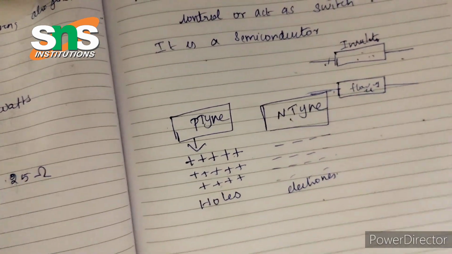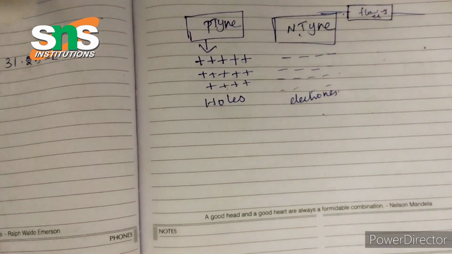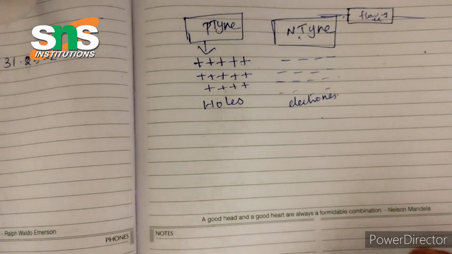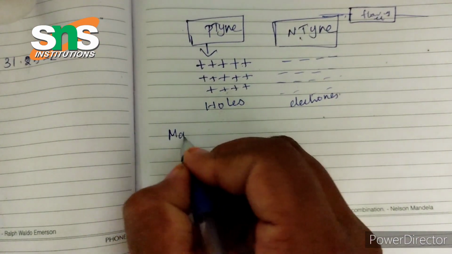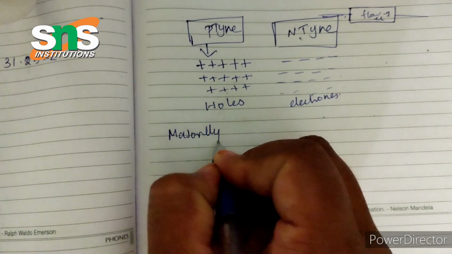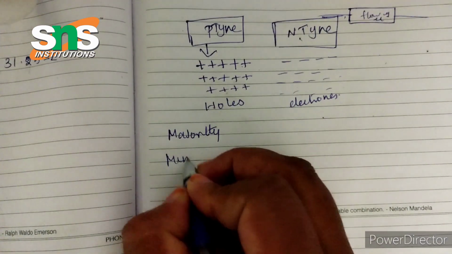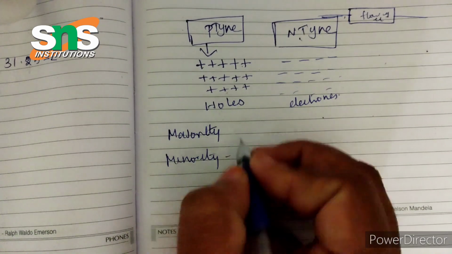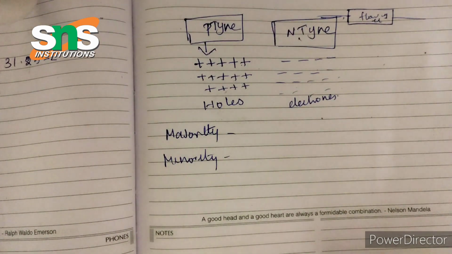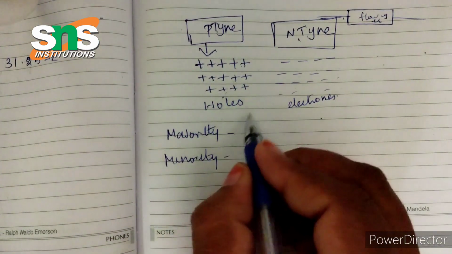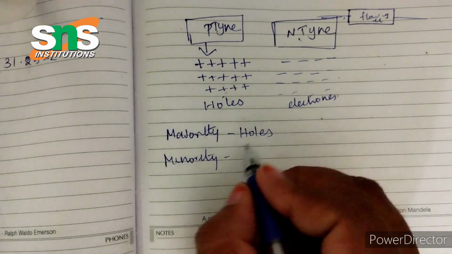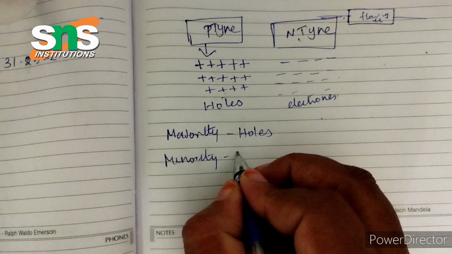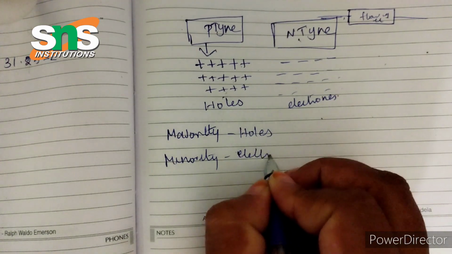When we come to n type material and p type material, we want to know what is majority and minority. In English, majority means maximum and minority means smaller. In the p type semiconductor, the majority carriers are holes, and the minority carriers are electrons.